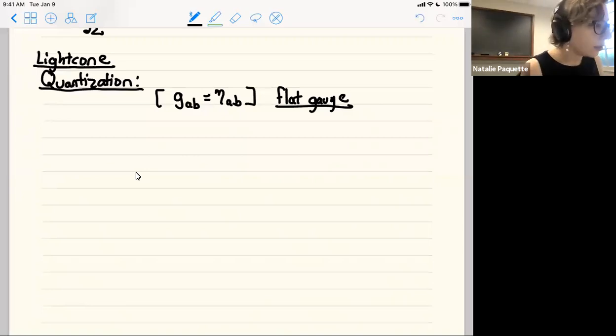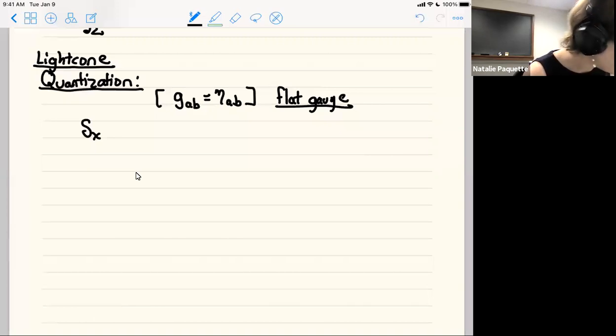Right, so let's plug in our flat gauge metric for now. I'll come back to the leftover gauge symmetries in a minute. Let's plug in my flat gauge metric and just solve the equations of motion. So we're not very quantum yet.